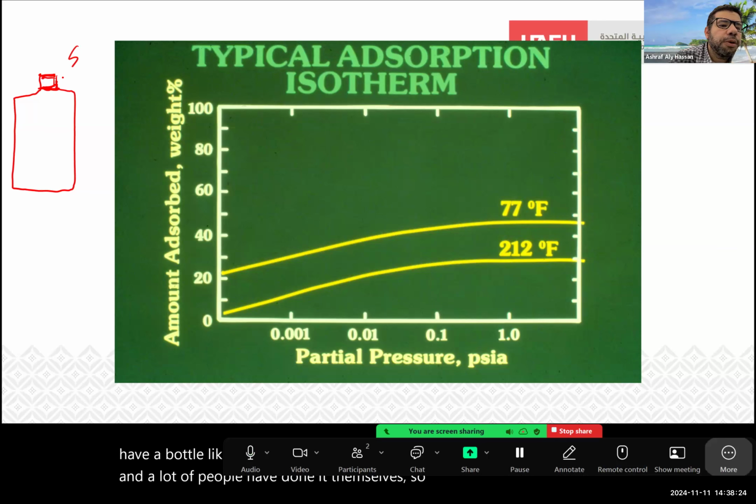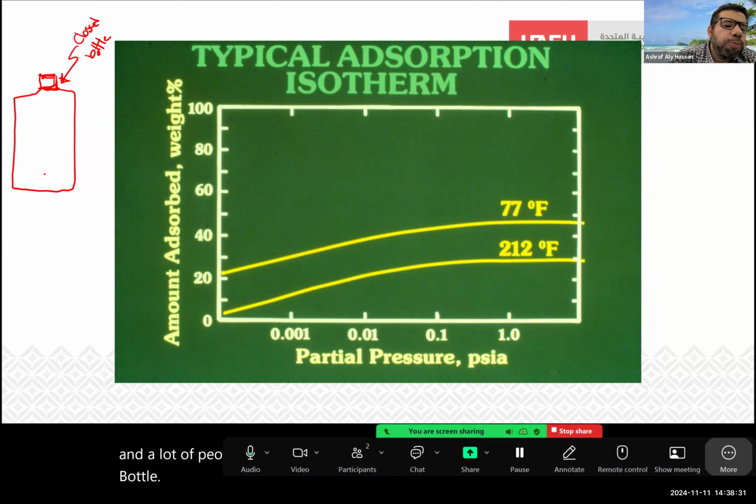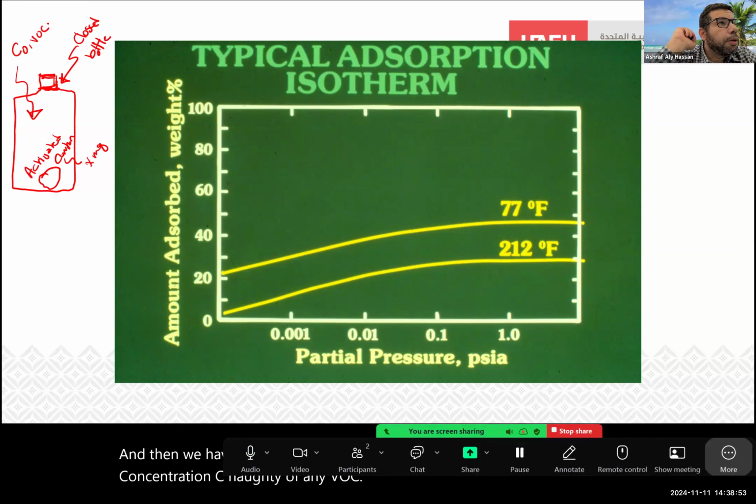This is a closed bottle. In this closed bottle, we have activated carbon of a certain mass, X milligram. And then we have a concentration, C naught, of any VOC.